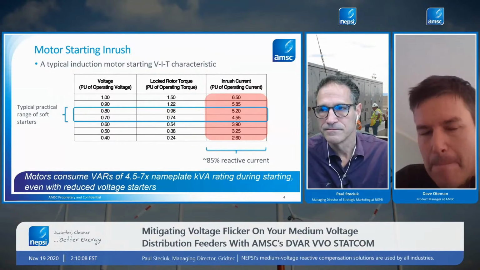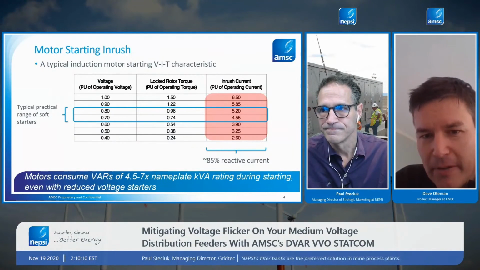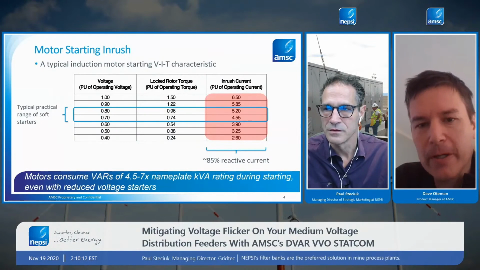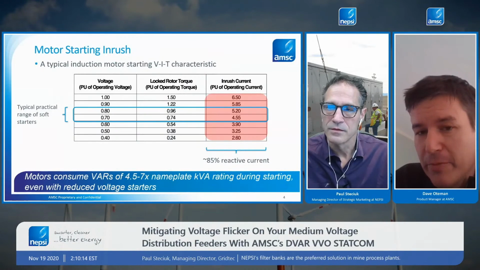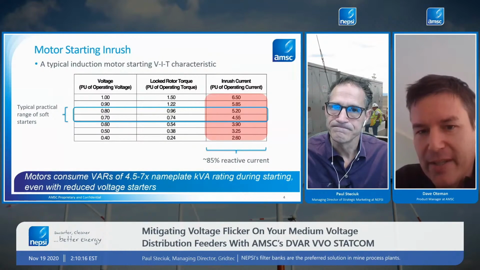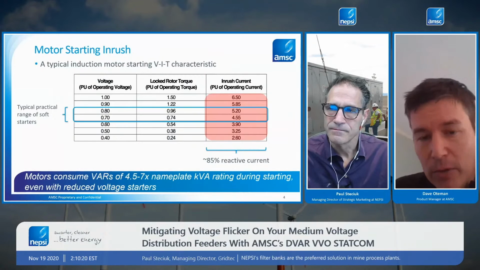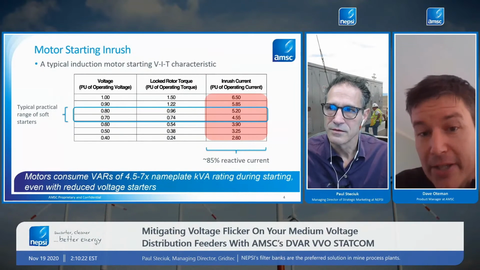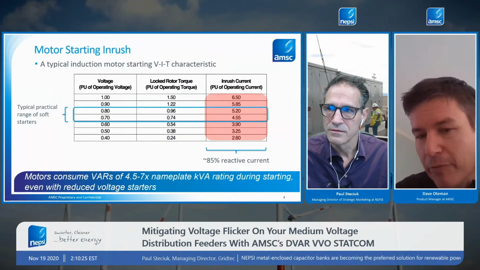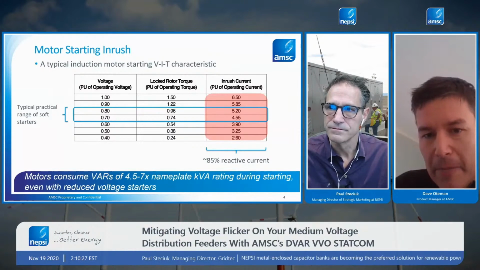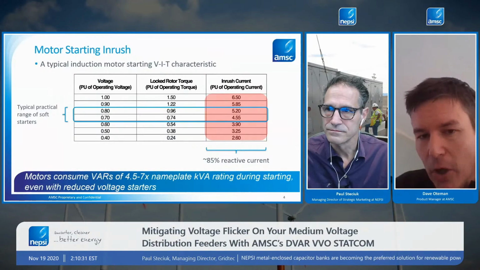Yeah, that is a good point. This is a characteristic attribute of a NEMA type B motor, taken from a low voltage motor data sheet. What Paul is referring to is that the locked rotor torque certainly changes depending on the type of motor design that's used, and it's very common to see lower starting torques.